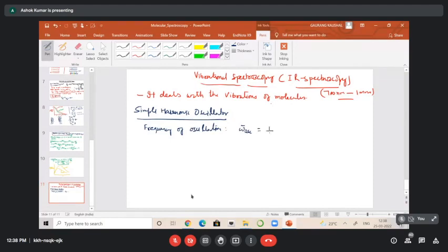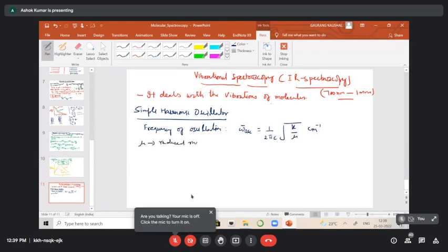This is actually given by 1 upon 2 pi c under root of k upon mu centimeter inverse, where mu is the reduced mass of the molecule, and k is the force constant. Okay, so vibration energies are given like this. For the case of the simple harmonic oscillator, the vibration energy E_V, V is for vibration, is nothing but (V plus half) h cross omega oscillation.